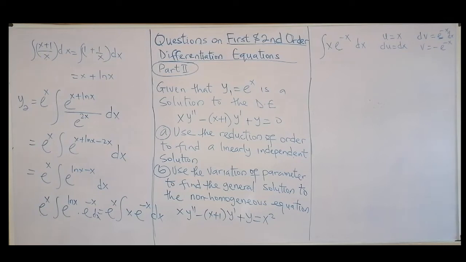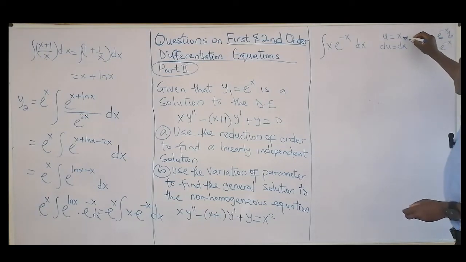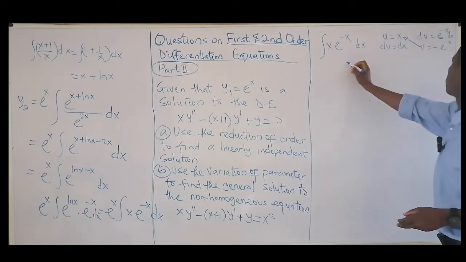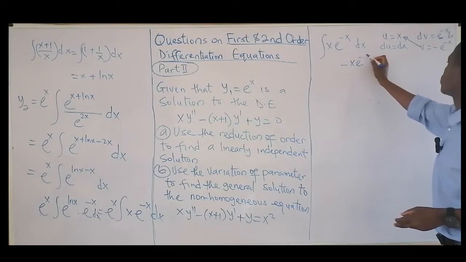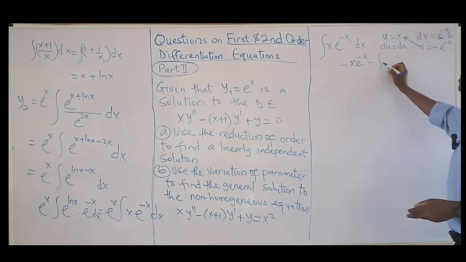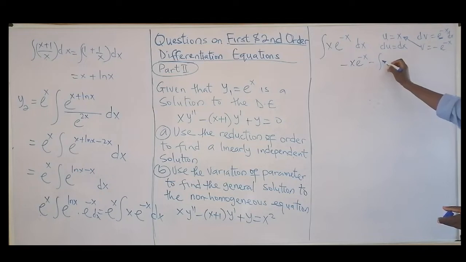So then this will be uv, which is equal to -x e^(-x) minus the integral of v du. My v is what? My v is -e^(-x), and my du is what? dx.